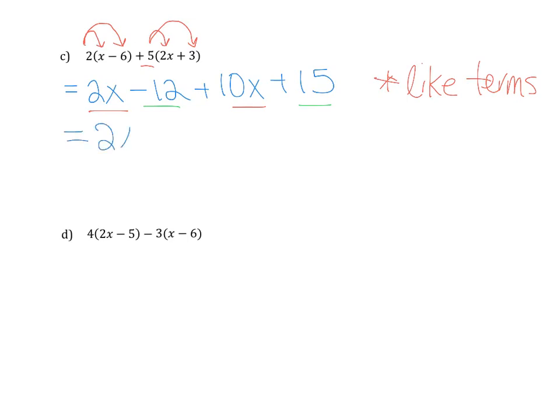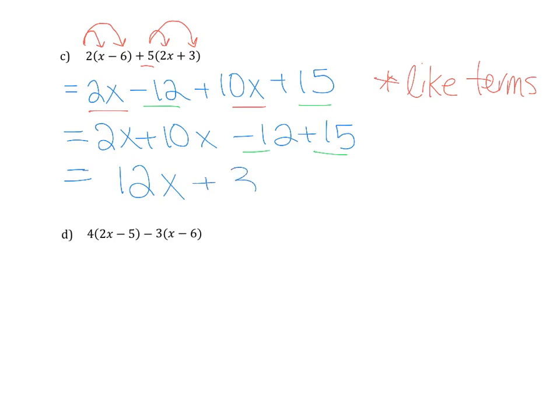We're going to put the x terms together. Then we have a negative 12 plus 15. We're putting the constant terms together. And now let's actually add them. So 2x plus 10x gives us 12x. And then careful here, negative 12 plus 15, use your calculator if you need, is positive 3. Okay, so now we've actually collected the like terms as well.